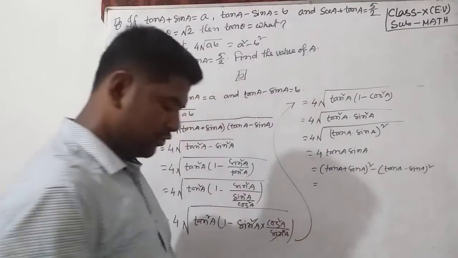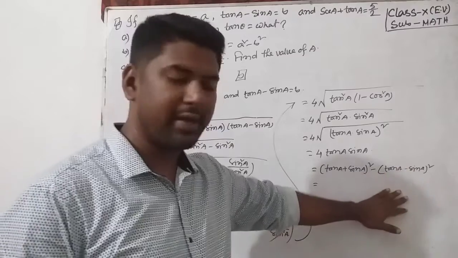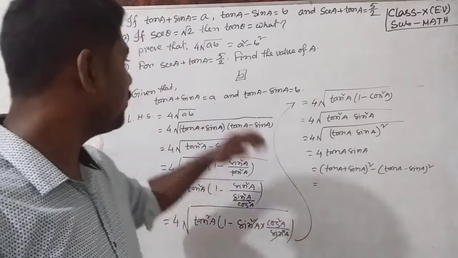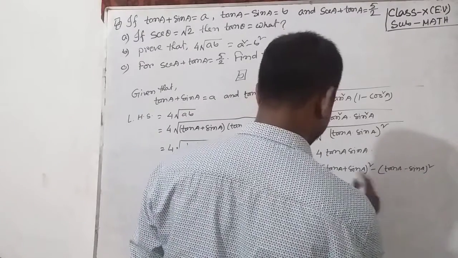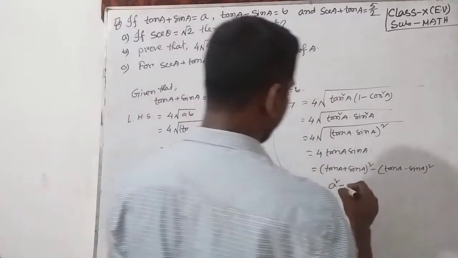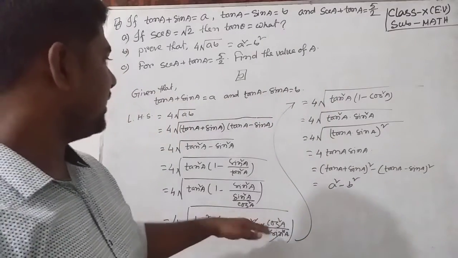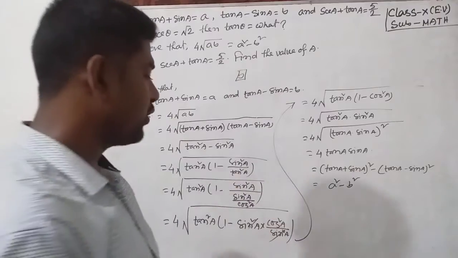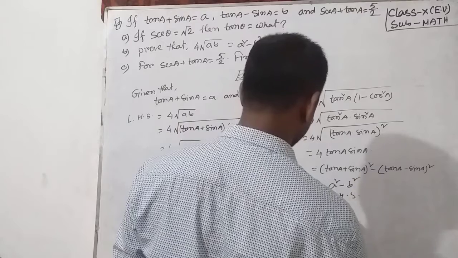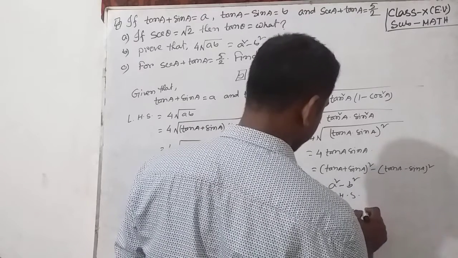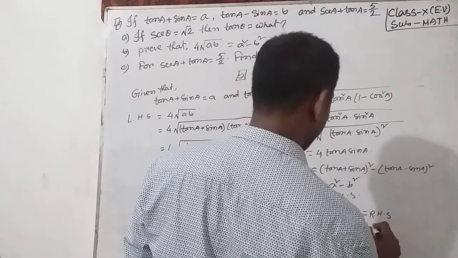Dear student, now putting the value: tan a plus sin a equals a, so we can write a square, and tan a minus sin a equals b, so we can write b square. At last we find the right hand side, a square minus b square. So left hand side equals right hand side, proved.